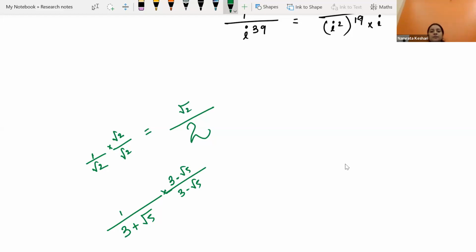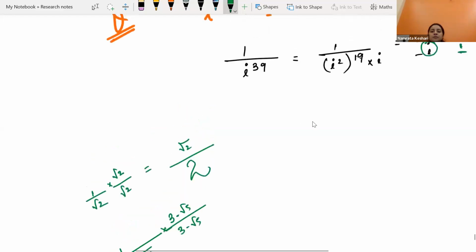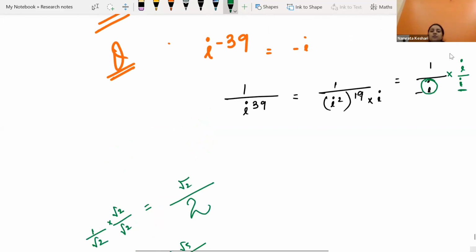Yes, ma'am. Yes or no? Here also we are using the same concept, rationalization. We are multiplying i in the denominator and i in the numerator, so that the denominator will be i square and the numerator will be just i.